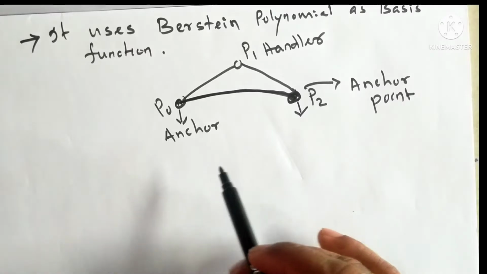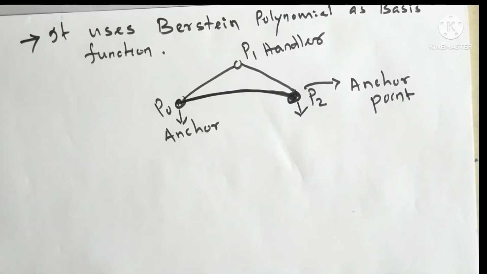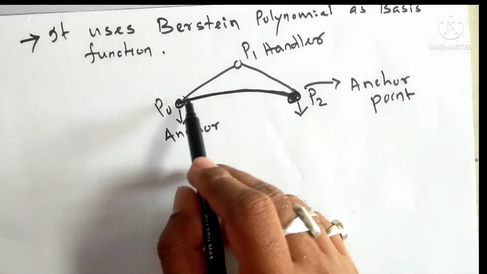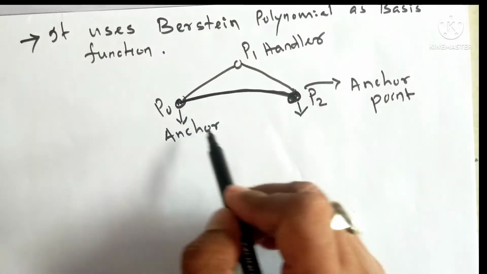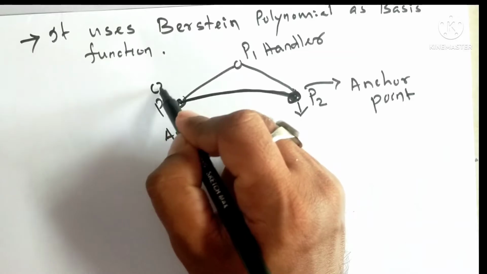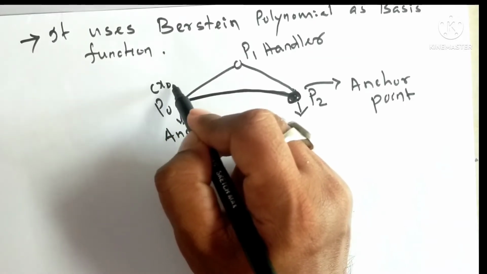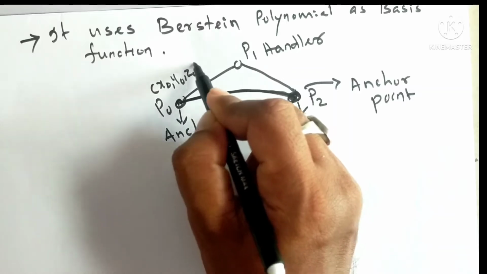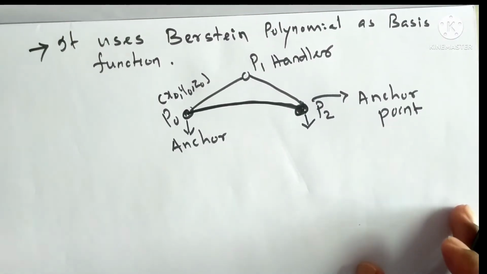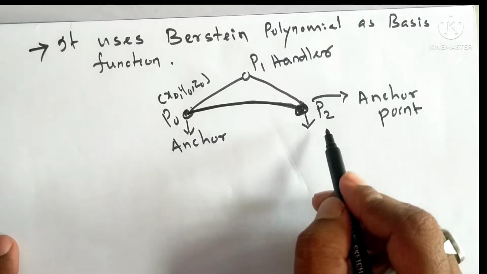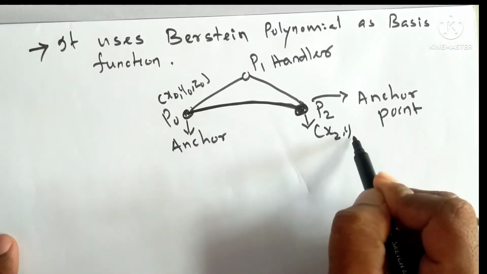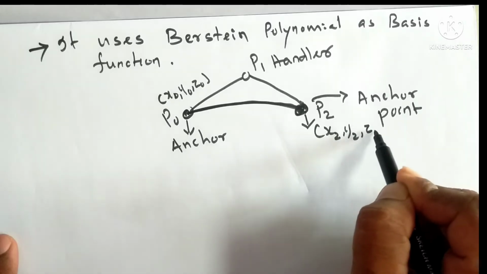Say those control points P0, P1, P2 have x, y, z coordinates: for P0, x coordinate x0, y coordinate y0, z coordinate z0. Similarly, P2 has x coordinate x2, y coordinate y2, and z coordinate z2.